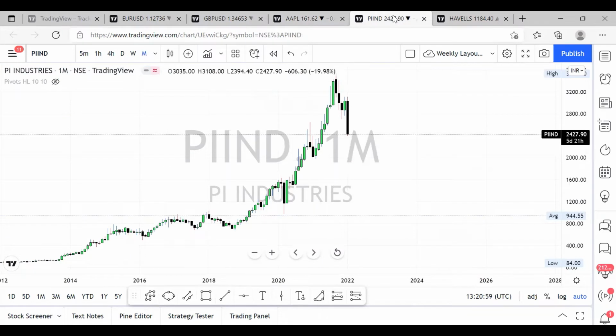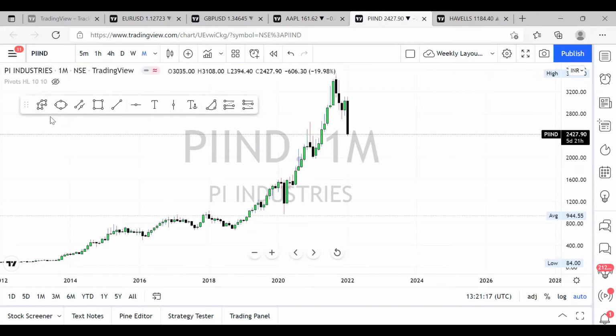So let's now look at Pi Industries. This is an Indian stock, okay? I've been monitoring this for quite some time, and this is now showing me very, very good rejections, okay? So we had a good run of buying pressure.